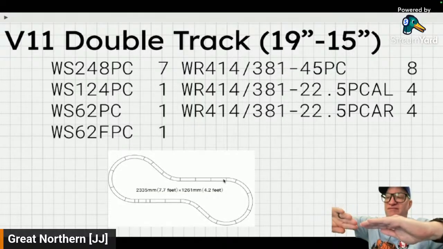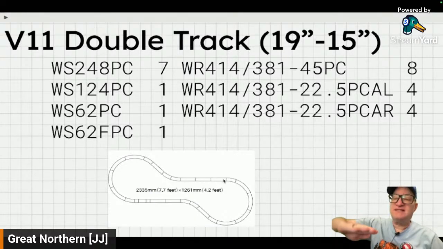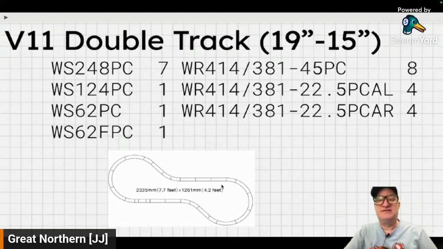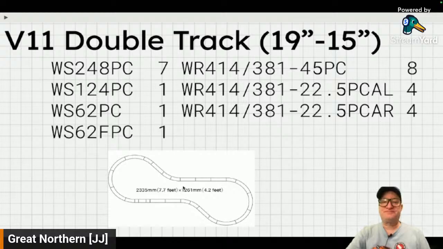So think of it kind of like this. You can't have it like this or the trains are going to derail. So that first track, that easement, eases into the super elevation over the course of that 22 and a half degree turn. So that's why there are a left-hand version and a right-hand version, depending on which side.